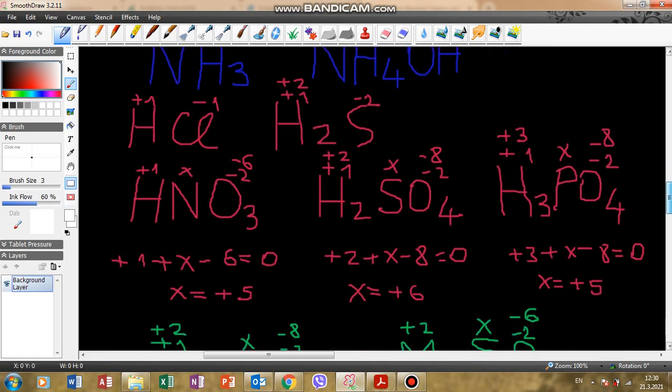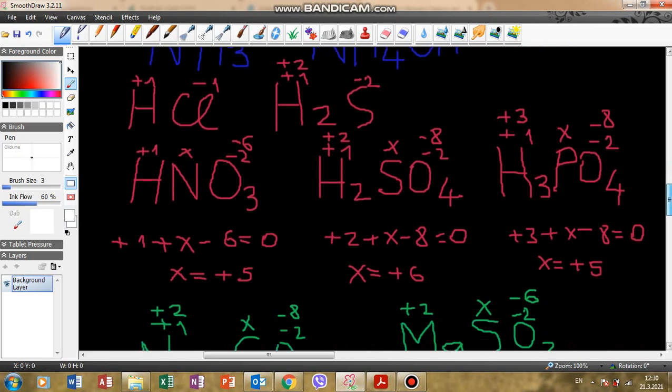Here we have some examples of acids and how to calculate the oxidation state of each single element inside those acids. For example, here we have hydrogen chloride, hydrogen sulfide, nitric acid, sulfuric acid, phosphoric acid, and some others.